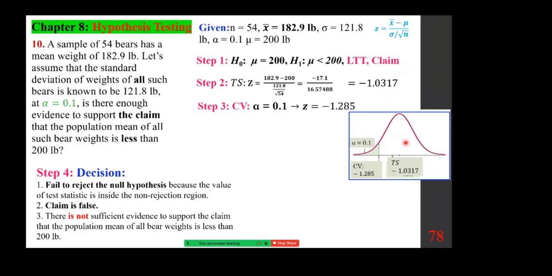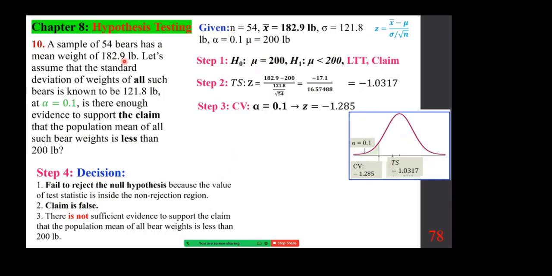So this is the part that comes from all of these calculations, and I can't emphasize the importance of this graph. It tells us everything we need. So compare the location. Test statistic, non-rejection region, this is the first part. Now, if you are not rejecting H0, that means you're rejecting H1, and therefore the claim becomes false.